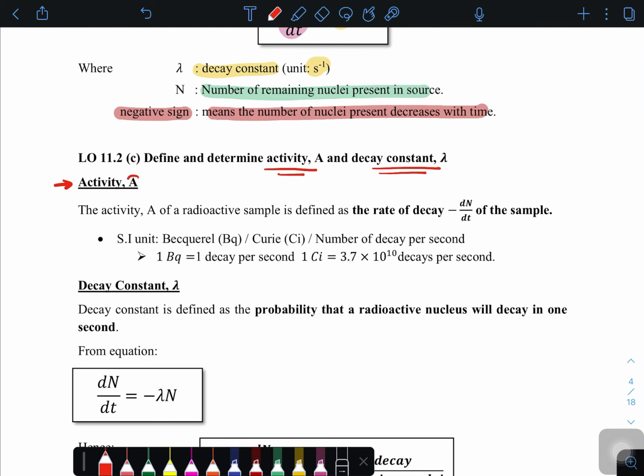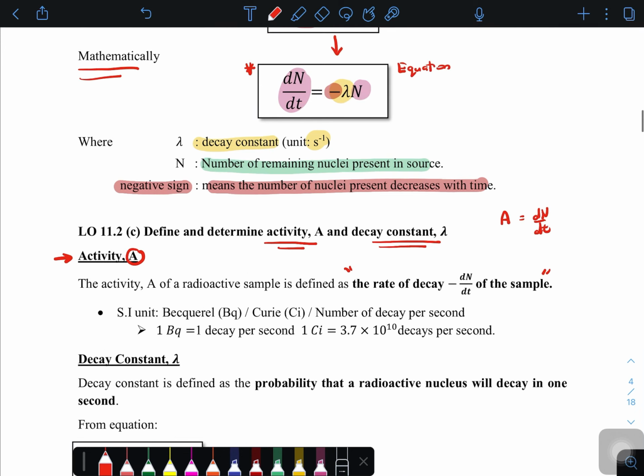The symbol for activity is A. The activity of a radioactive sample is defined as the rate of decay of the sample. Mathematically, activity is equal to dN over dt, and we also know that dN over dt is equal to negative lambda N. So activity is the rate of decay of the sample.